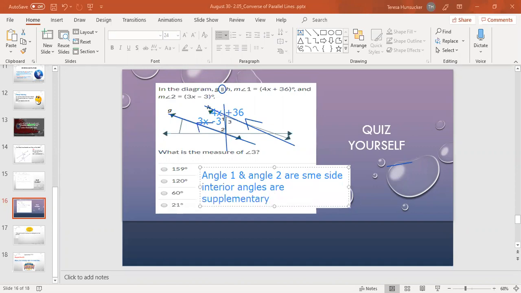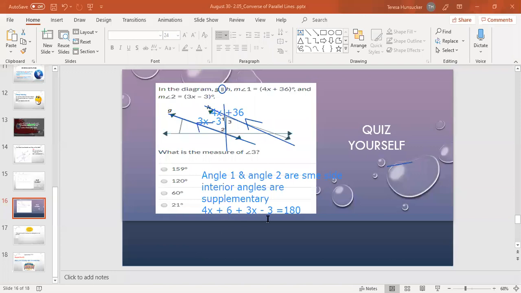All right, so to solve for x, we would have to add 4x plus 36 and 3x minus 3 together because they are same side interior angle measures, and they should be set to 180 degrees. Okay, and that should do it.